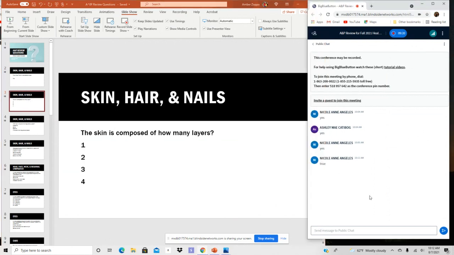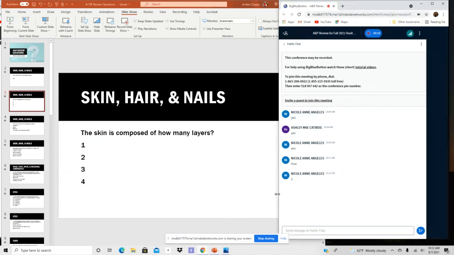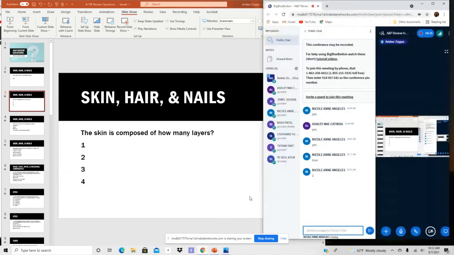The skin is composed of how many layers? 1, 2, 3, or 4? What do you guys think? 2, right? And what are those layers? Do you know, Nicole? Dermis and epidermis. The epidermis is on top, the dermis is below.